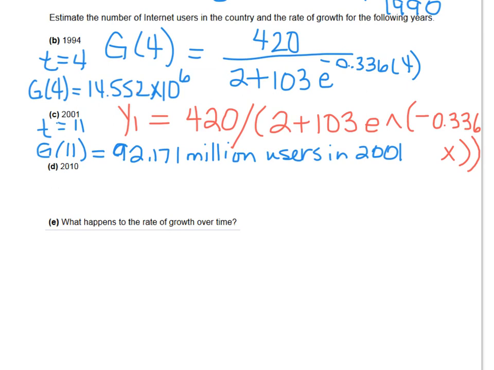And then in 2010, the value of t is equal to 20. So we have g of 20, and g of 20 turns out to be 197.71.